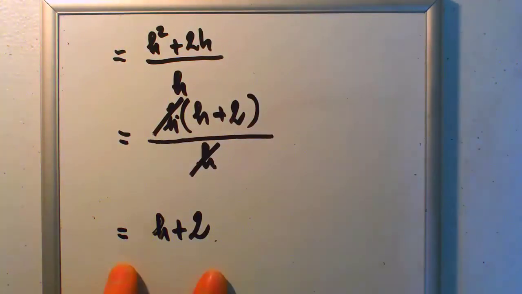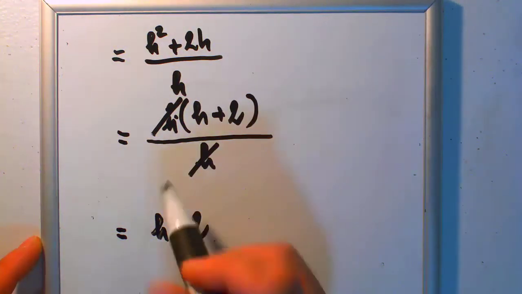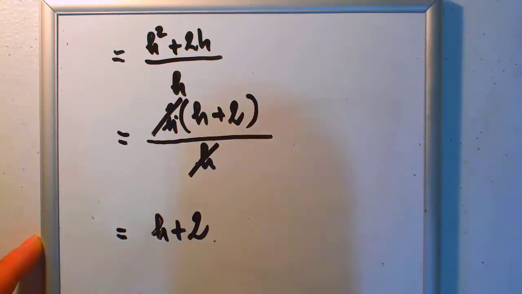And at this point, checking the simplification process, with h plus 2 there are no other like terms to combine. H and 2 are not like terms, they are not opposite terms, and there are no further common factors to cancel. So at this point I would call it the end of simplification.